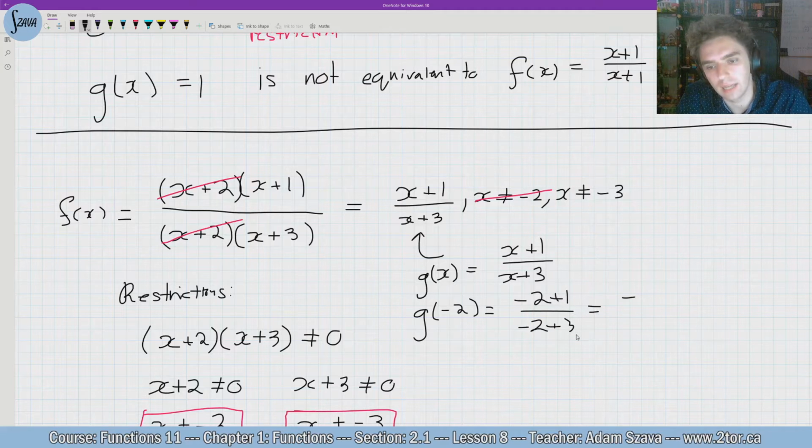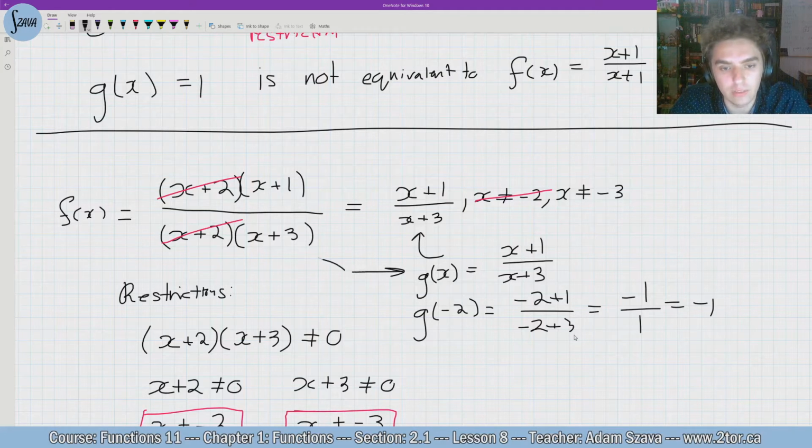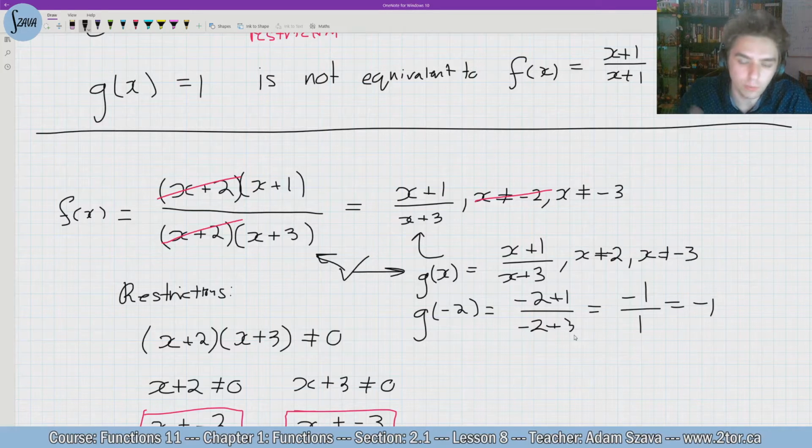Negative 2 plus 1 is negative 1. Negative 2 plus 3 is 1. So that would be negative 1. And g of negative 2 exists. But g of x is not equivalent to f of x unless I put the restriction on. And now, x cannot equal negative 3. Now they are equivalent. So if I don't put the restriction, just simplifying, you don't get a function that's equivalent.